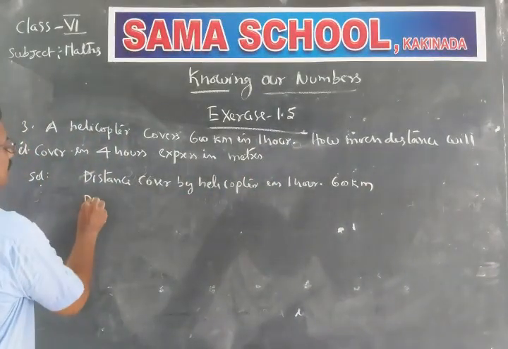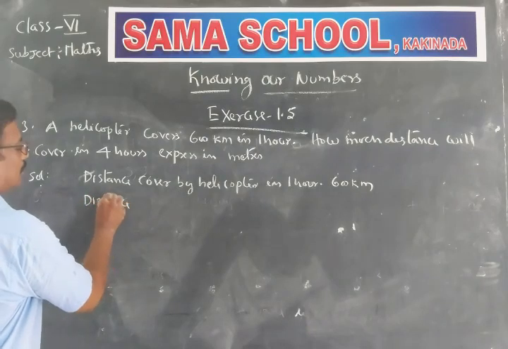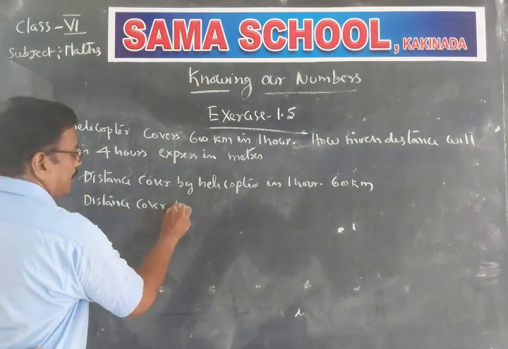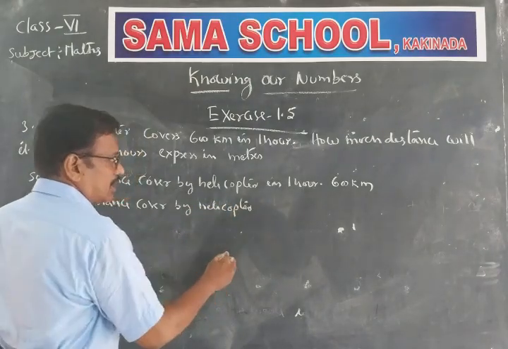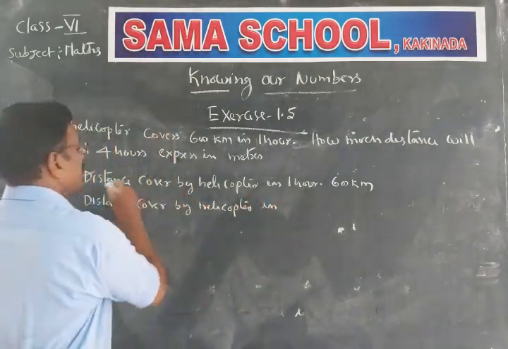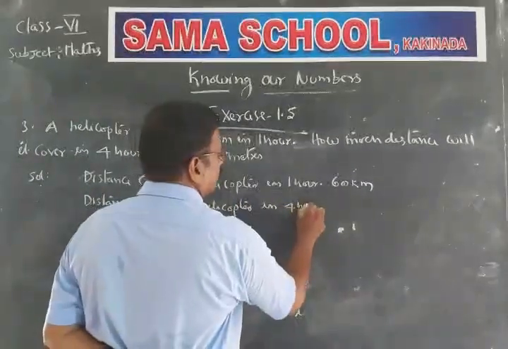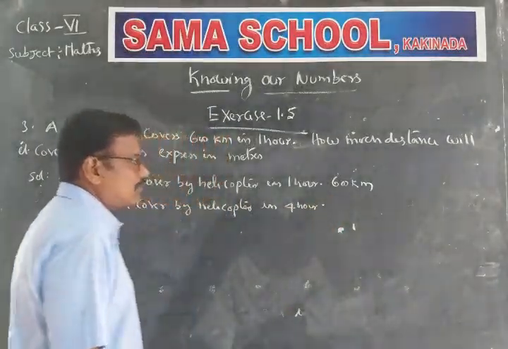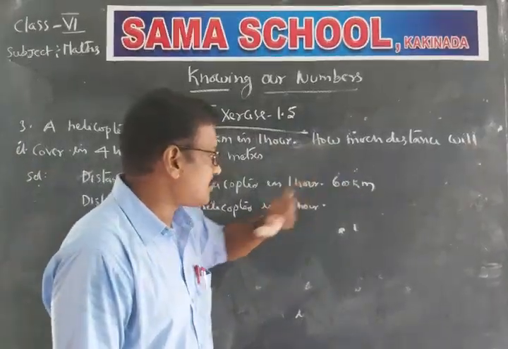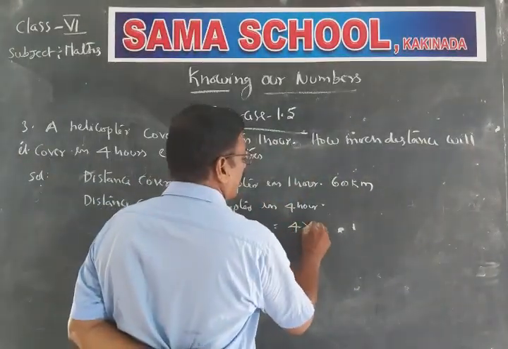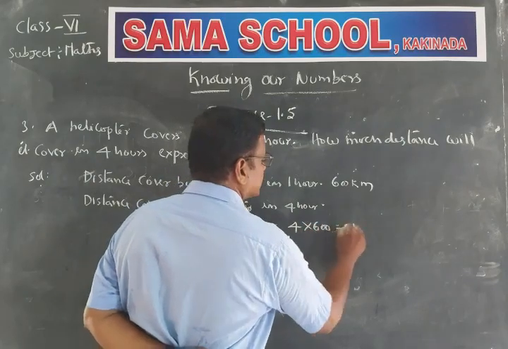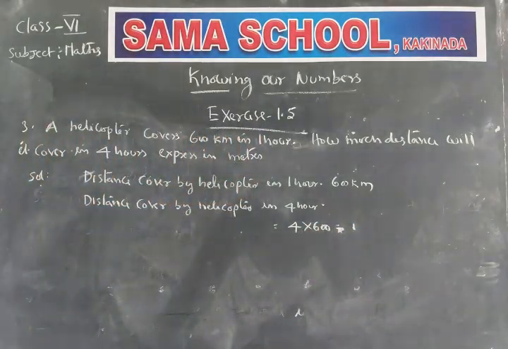Now the distance covered by the helicopter in 4 hours. So what to do? In 1 hour 600 kilometers are traveled by the helicopter, so for 4 hours you multiply 4 into 600. 4 6s are how much? 24.